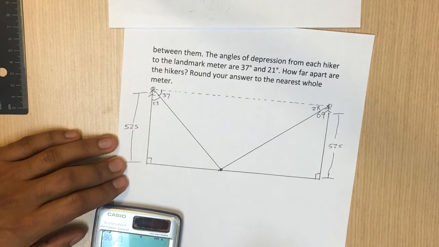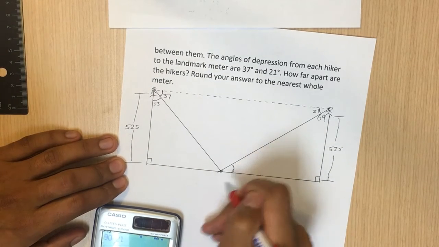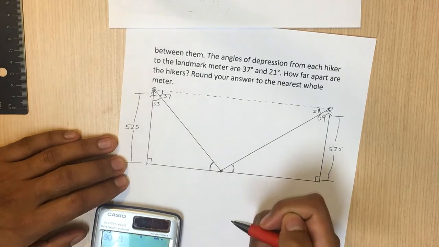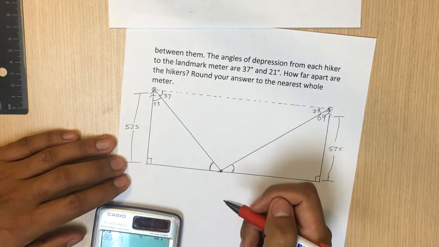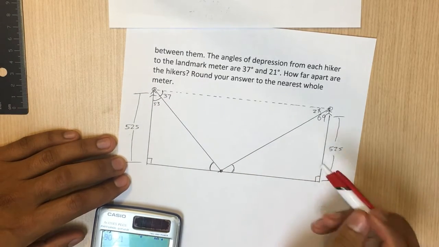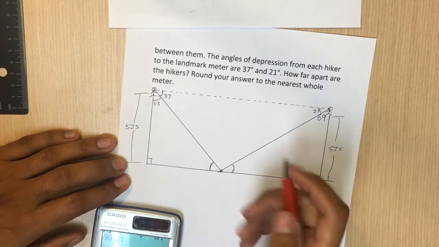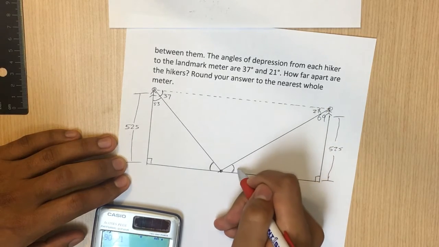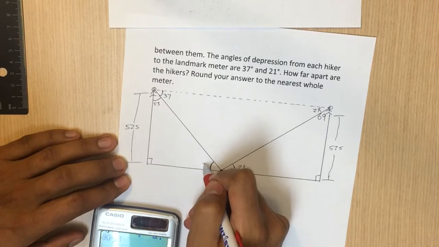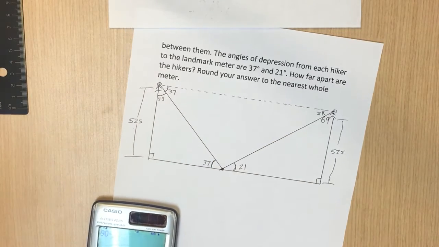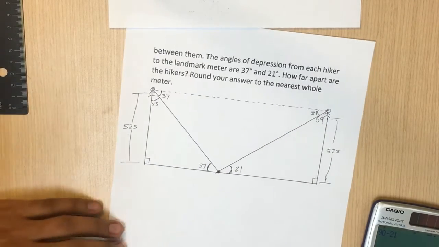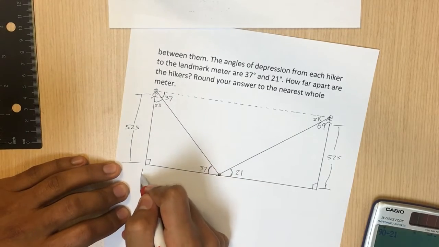So that's very nice. And here, these two angles, if we know, then they're going to be the same angle as that over here, right? So this is 21 and this is 37. So now we're trying to figure out the total distance, right?